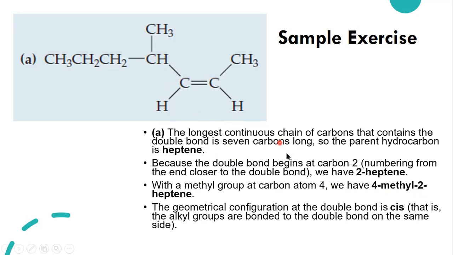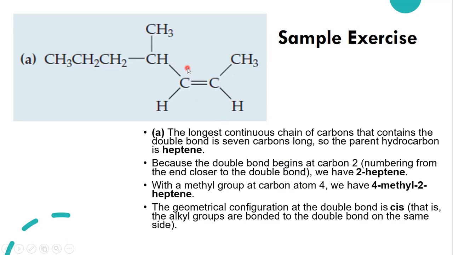So what would be the geometrical configuration of that double bond? It's a cis configuration, since the CH3 in here and also the CH3 in here are found on the same side of your geometric configuration.